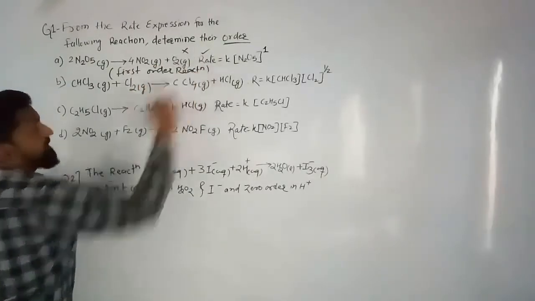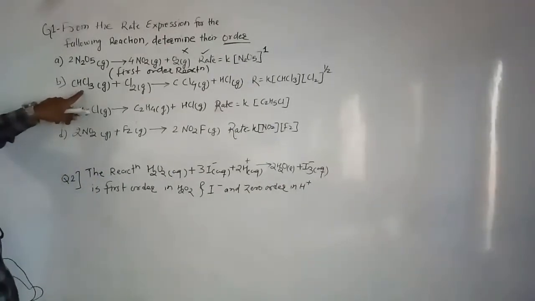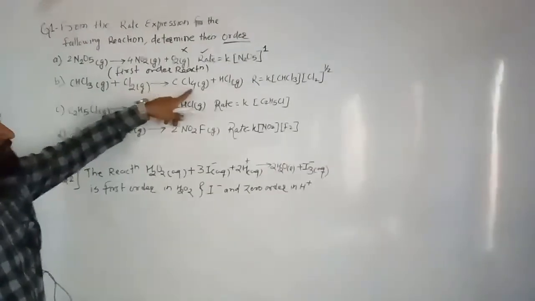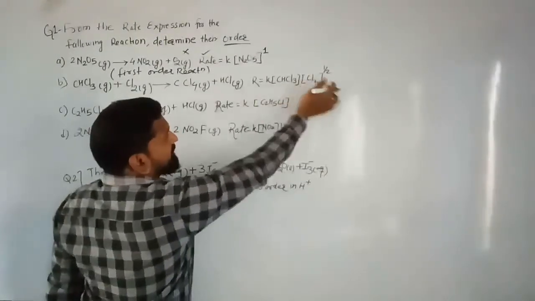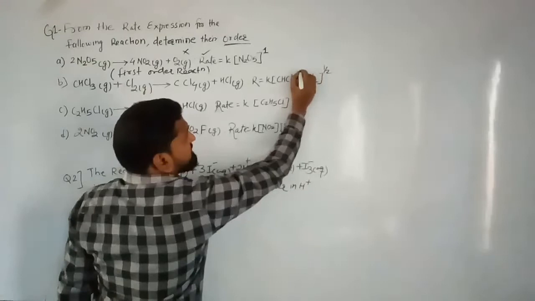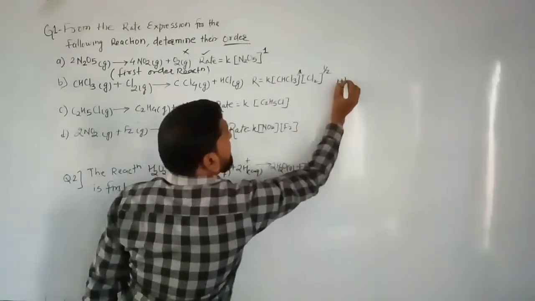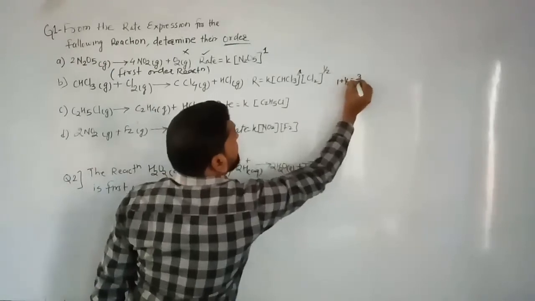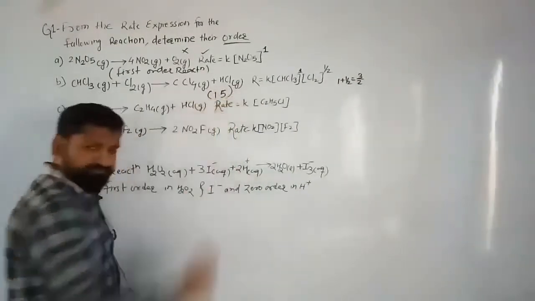Okay, now come to the second: chloroform plus Cl2 gives CCl4 and HCl. The rate expression is already given to you, so calculate. Here there is 1 plus half, how much will it be? 1 plus half becomes 3/2, so the order of the reaction is 1.5.